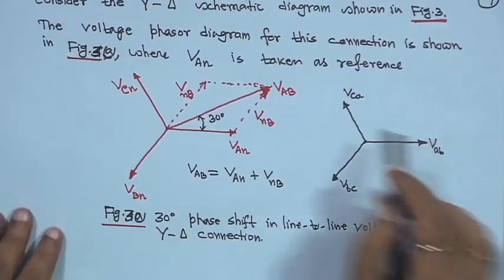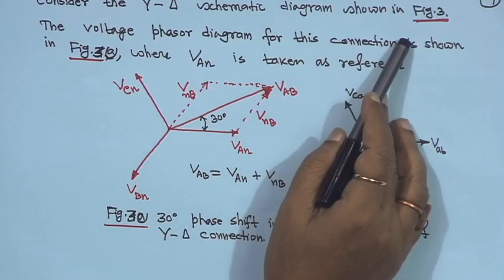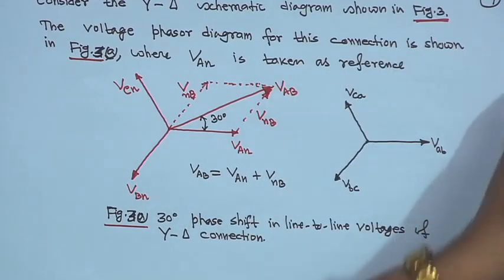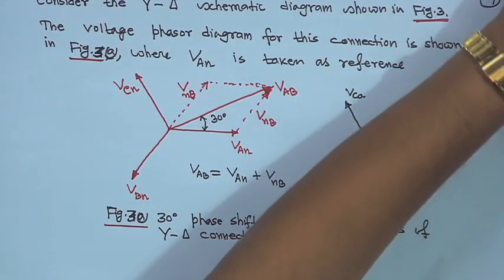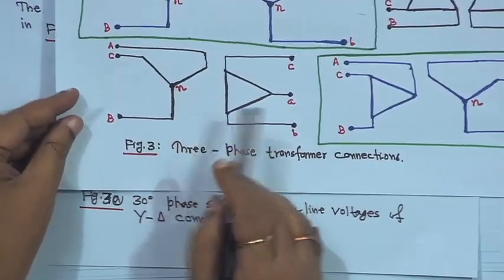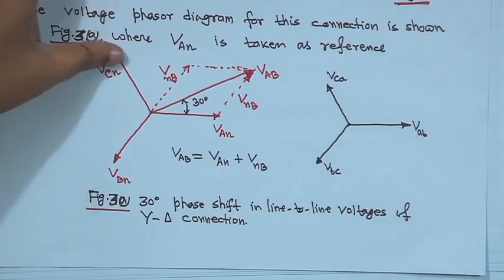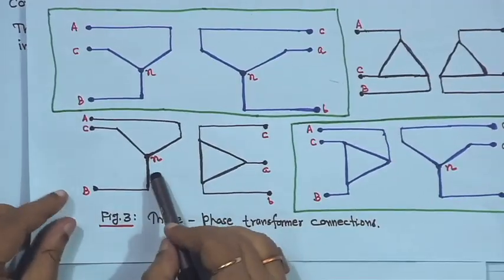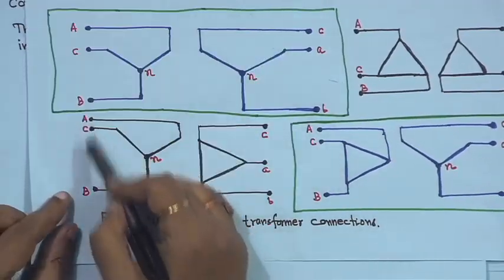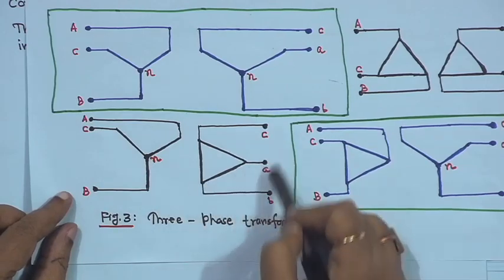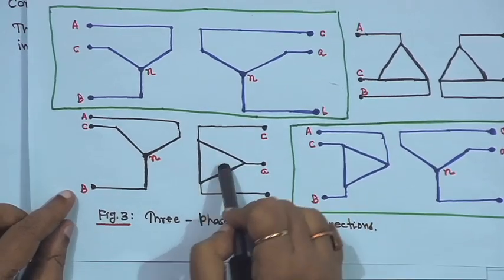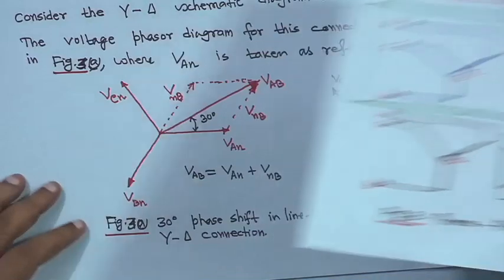For example, take the star delta connection. Consider the star delta schematic diagram of figure 3, which we have just seen. In this case the star side is capital ABC and the delta side is small abc. In delta, line and phase voltage are the same.